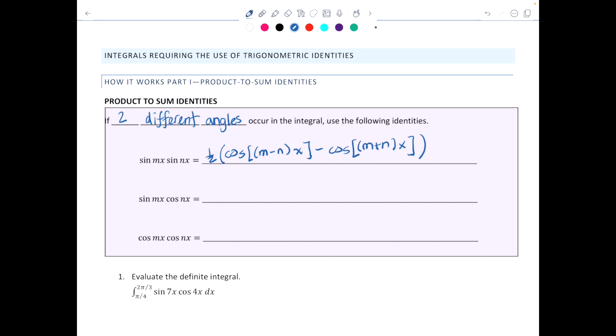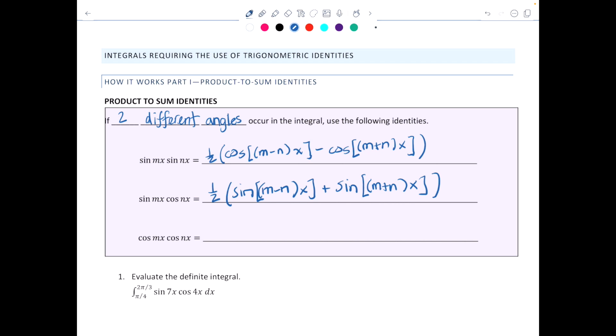Now, if you have sine of mx times cosine of nx, again it'll be 1/2, and this time the sine function will be in there: sine of the difference of the two angles times x, plus sine of the sum of the two angles times x.